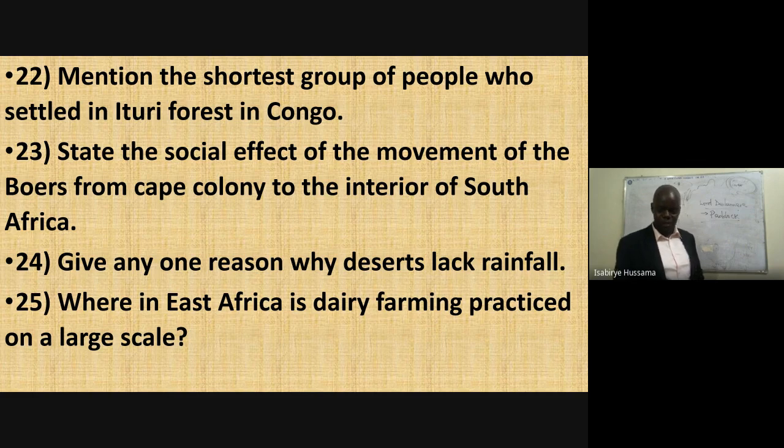Before I forget, another number that we usually set there is: which factor attracted the white settlers to carry out dairy farming in the Kenya Highlands? Mr. Mukwaya, do you have any point? Mr. Okero, my students.